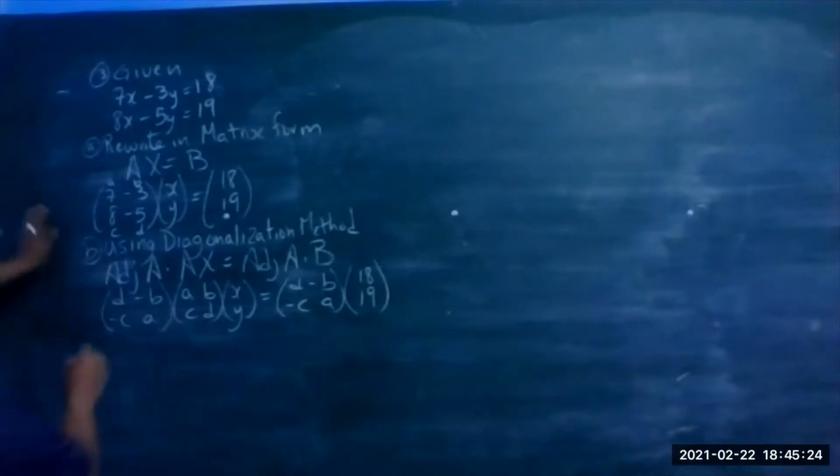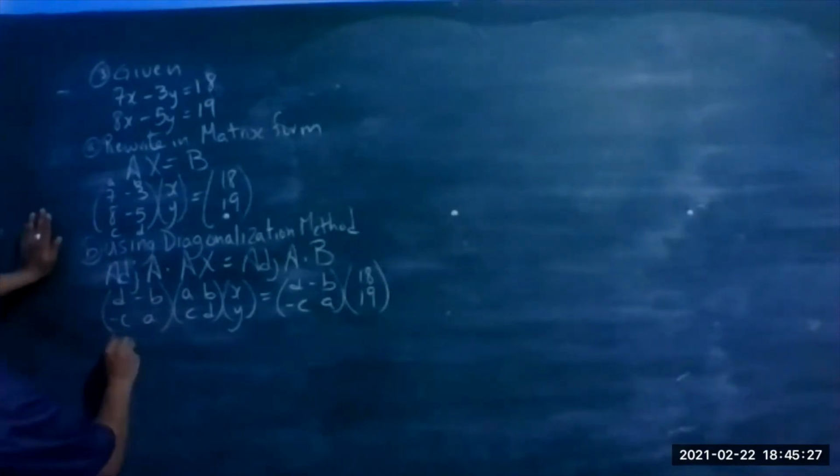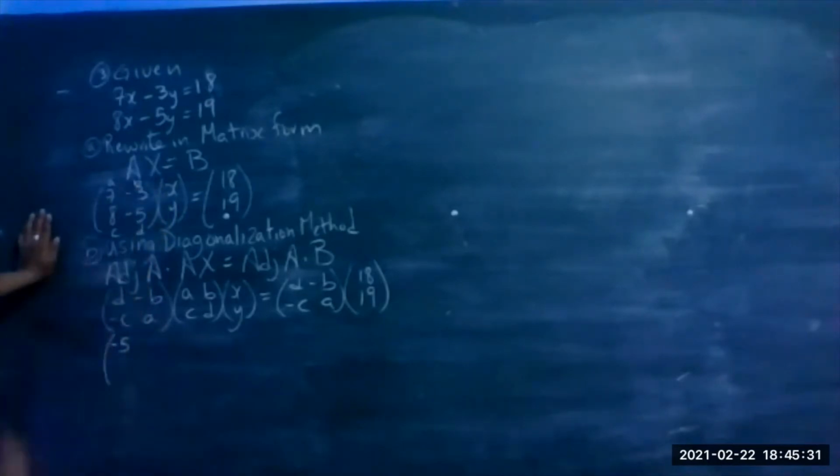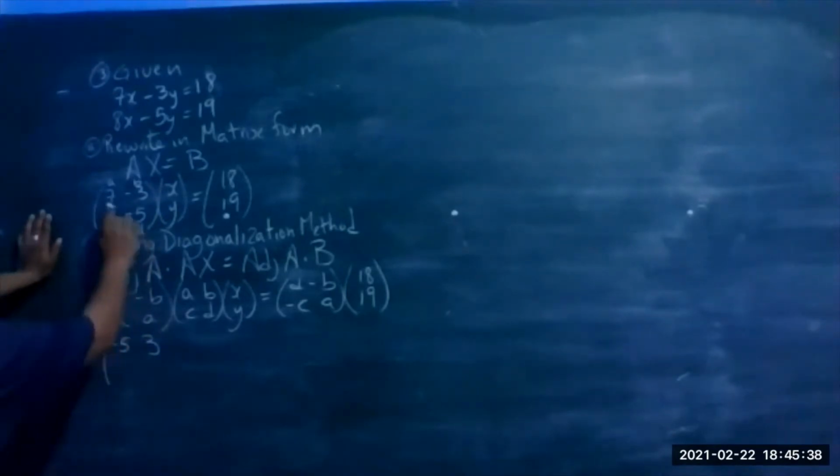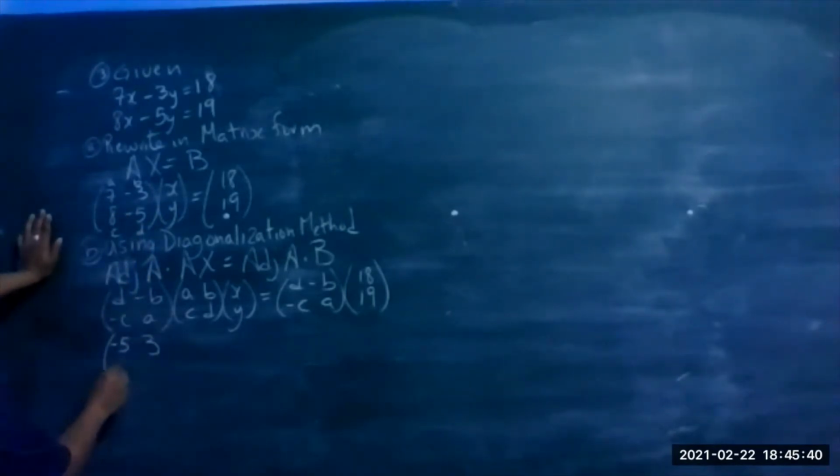So we'll start with -5, the D. B is -3, so negative B is +3. C is 8, so negative C would be -8. And then I just put down the A, which is 7.